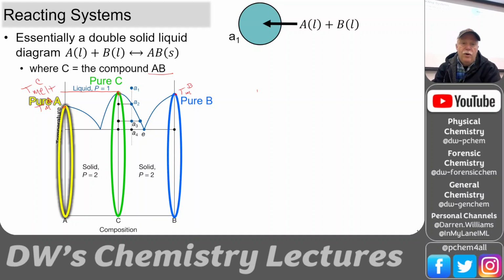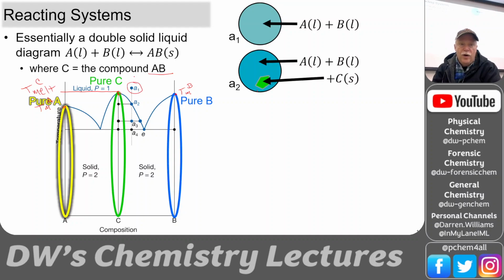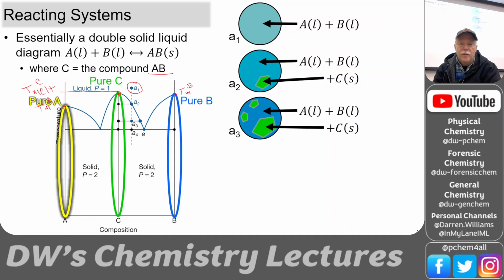So here we are at A1, and we're going to cool this liquid down. What happens when we hit that line? We don't form pure A, we form pure C. So pure C starts to precipitate out. And we keep going.